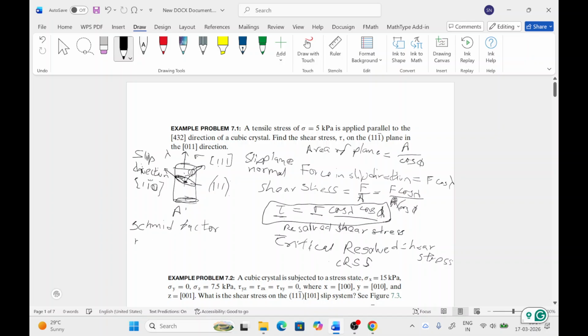The Schmidt factor is a very important factor in this equation because it depends on the orientation of the plane and slip direction. So this defines the resolved shear stress for any plane or direction.